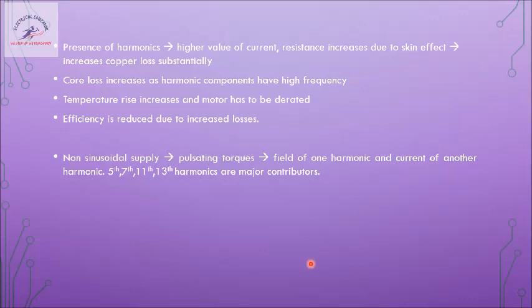These 4 harmonics will have 4 fields. So 4 into 4, 16 combinations are possible. That is, each current acts with the different fields, and whenever a current interacts with a field, it produces a torque. That is the definition of torque. And these 16 torques are called pulsating torques. These are present when a non-sinusoidal supply is used.